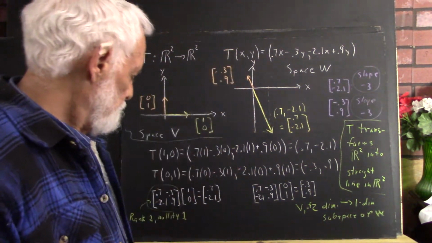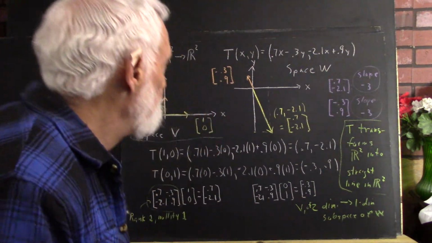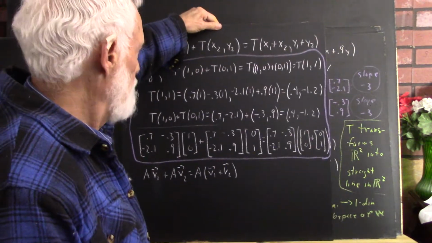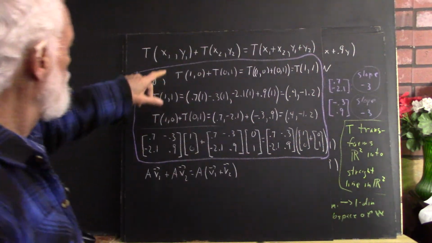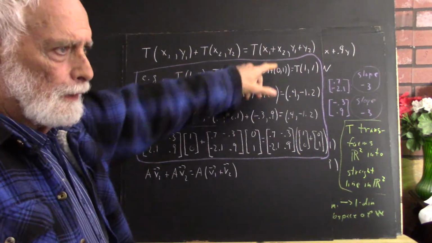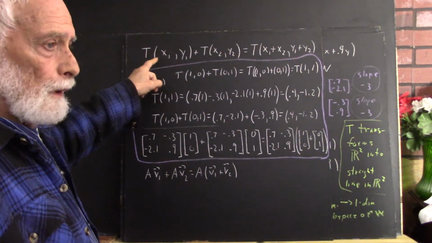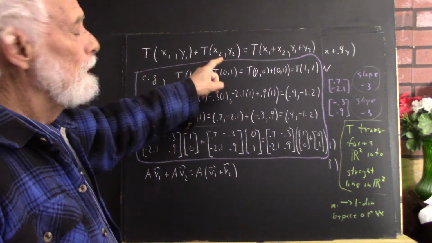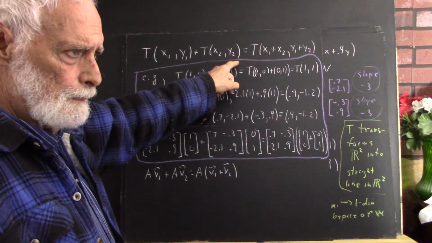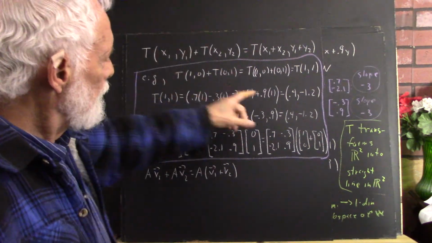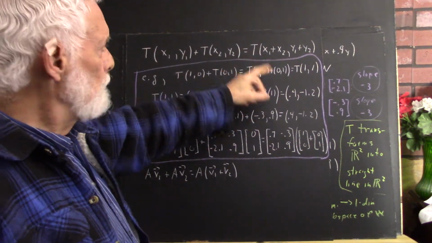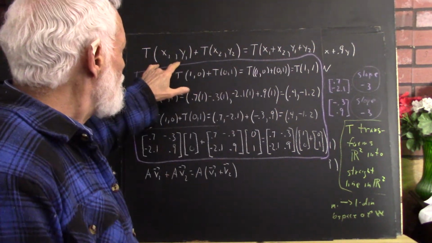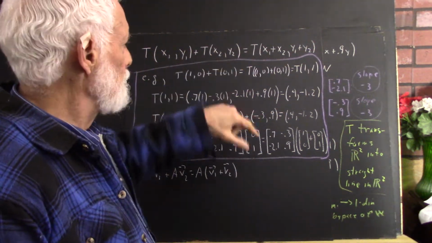And as we can easily see, if we apply this transformation to a vector x1, y1, and then to a vector x2, y2, what we get is the transformation applied to this vector plus this vector.